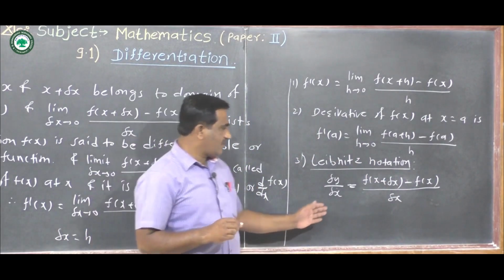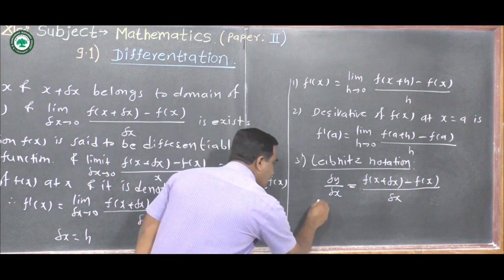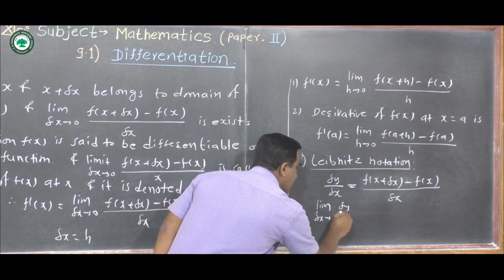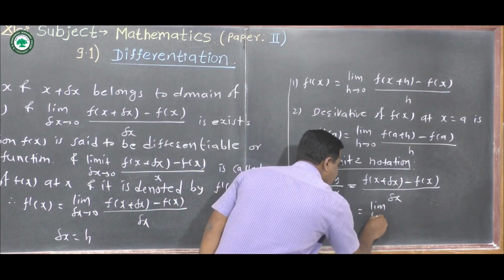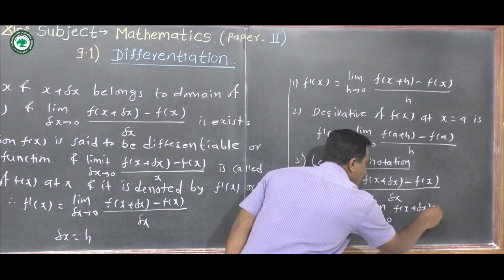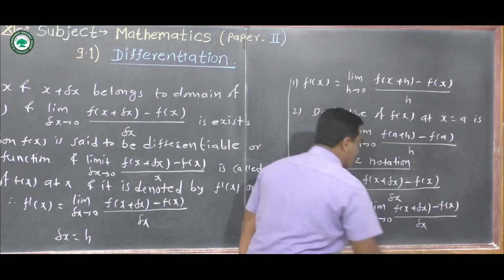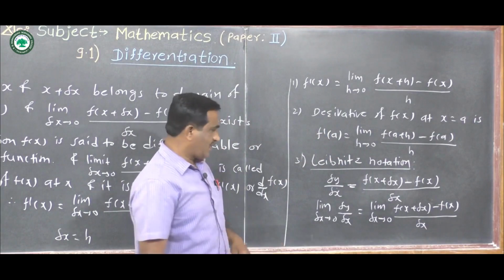If we take limit on both sides as delta x tends to 0, then we can write here limit delta x tends to 0, delta y by delta x is equal to limit delta x tends to 0, f of x plus delta x minus f of x upon delta x. This is nothing but derivative of f of x at x equal to x.